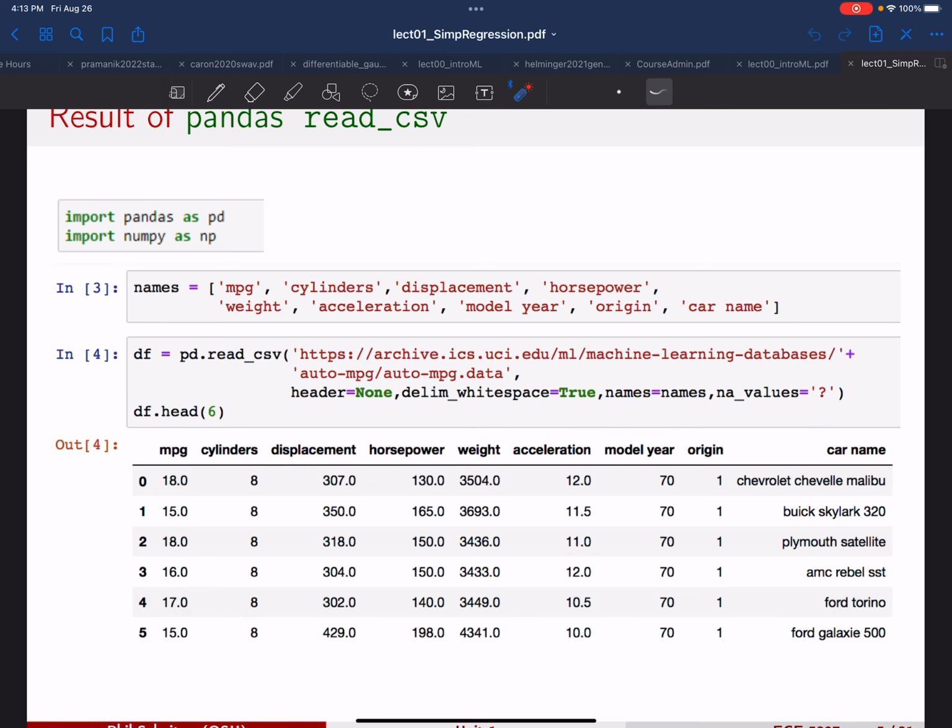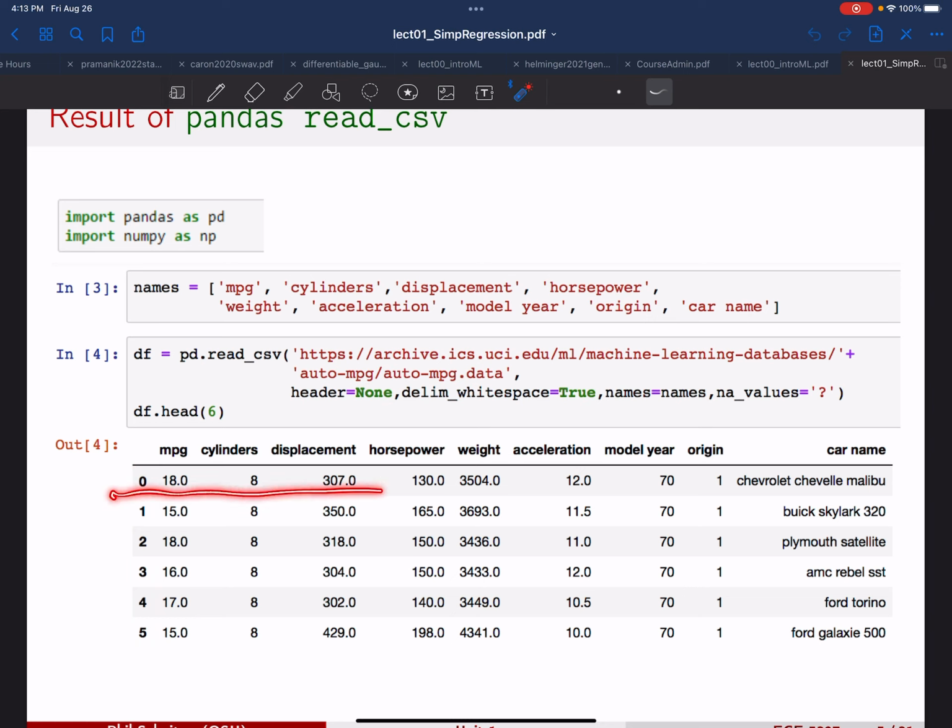So to see what I mean, here is a visualization of what we get when we load in the data from this automobile data set. What's it called? Auto MPG. That's the name of the data set. So here you can see all these numbers. Those are the values. This is the row index.